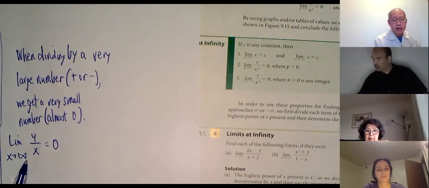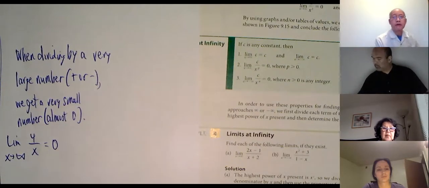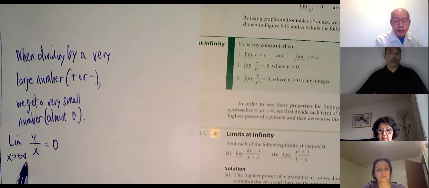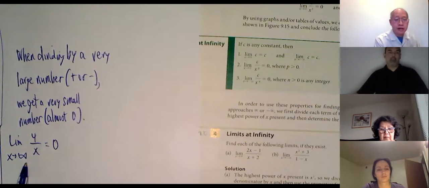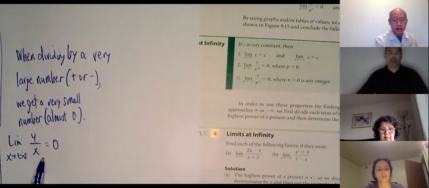Conceptually, you have 4 pizzas, and you're feeding 1 billion people. How much does everybody get? Everybody gets 0, right? 1 crumb or something like that, right? I mean, 4 over 1,000 is already pretty small. 4 over a million, even smaller. 4 over a billion, it's really, really small, right? So we say the limit is 0.